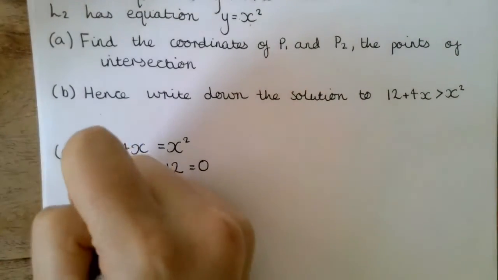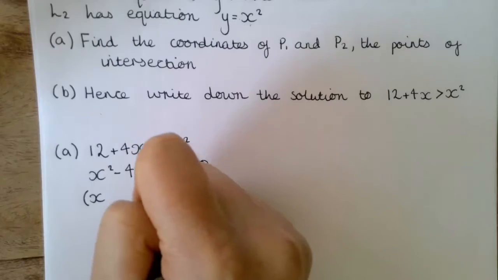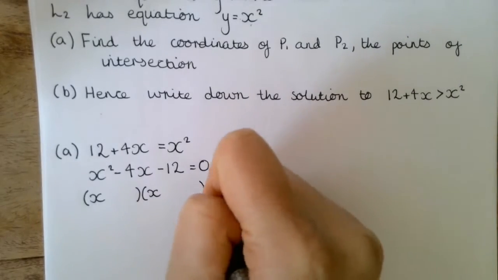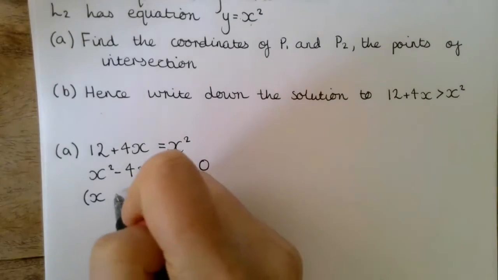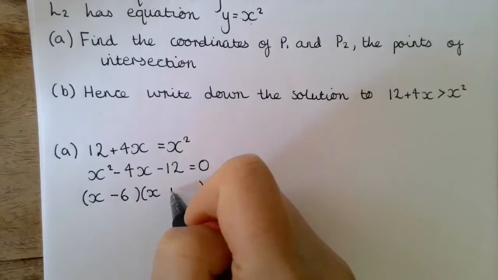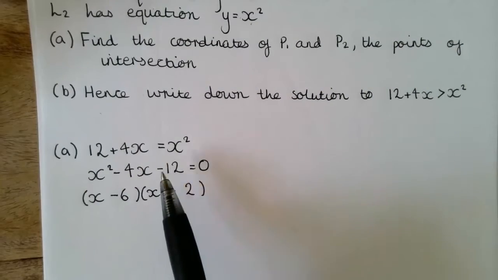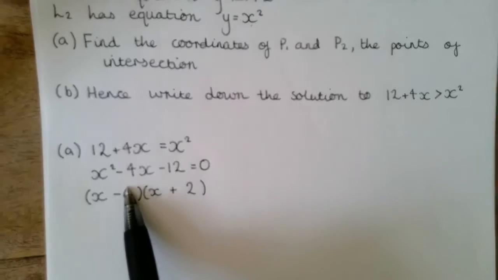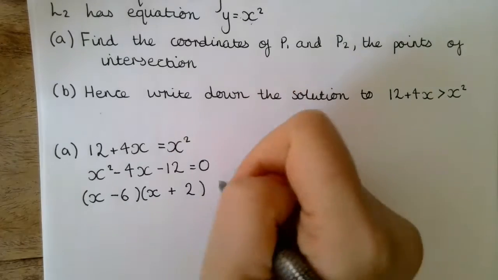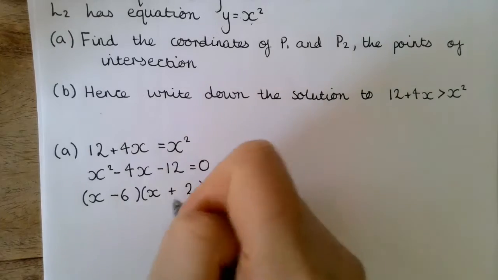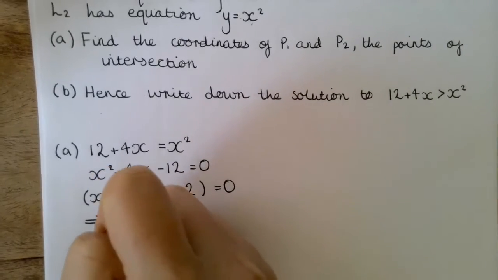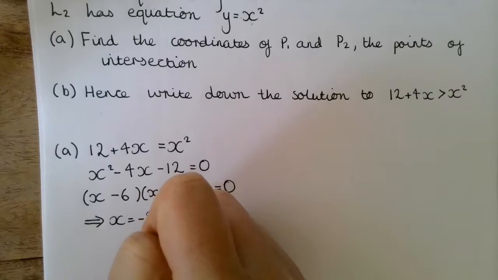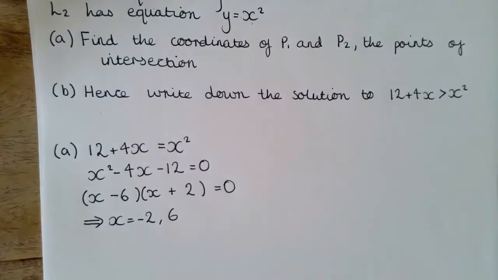So when I factorise this, I get x subtract 6, x plus 2. So I'm looking at my factors of negative 12 that make a sum of negative 4. So this tells me that x equals negative 2 or 6.